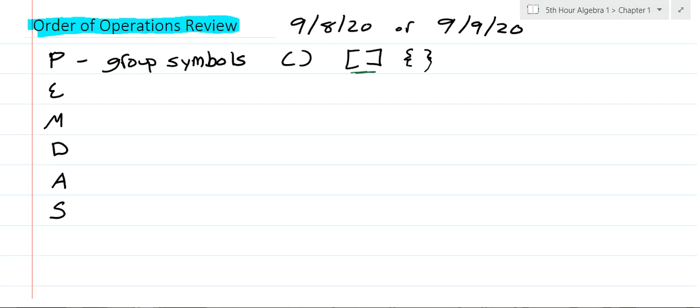When I was in school, I don't actually remember what we did. We just said PEMDAS, but some people remember it as "Please excuse my dear Aunt Sally." So the first thing you always look for is grouping symbols. After grouping symbols, then you look for exponents.